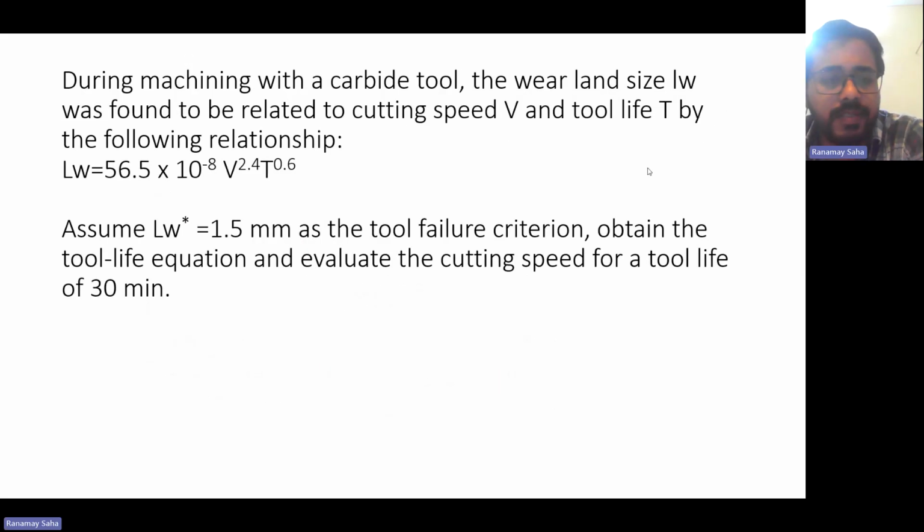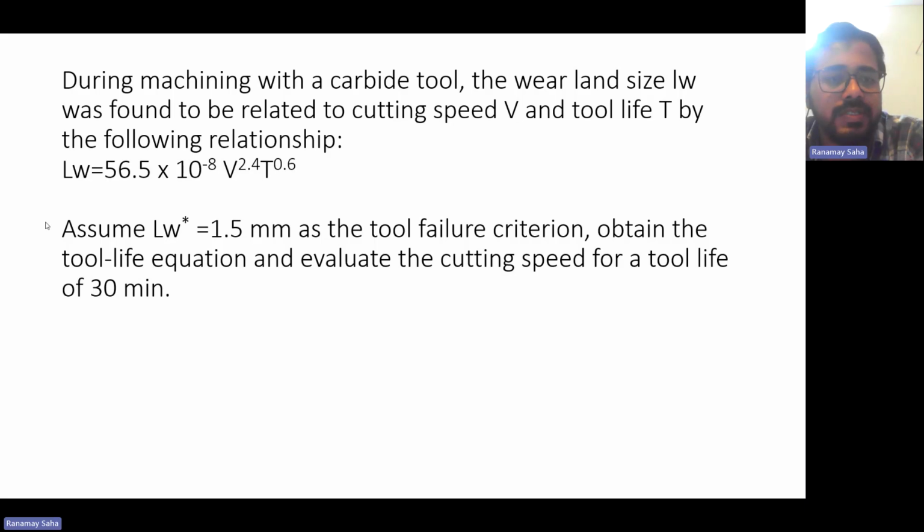This is again related to the tool life equation. Here the flank wear size LW is given, with cutting speed V, by the relationship LW equal to 56.5 into 10 raised to the minus 8 times V to the power 2 times T to the power 0.6.